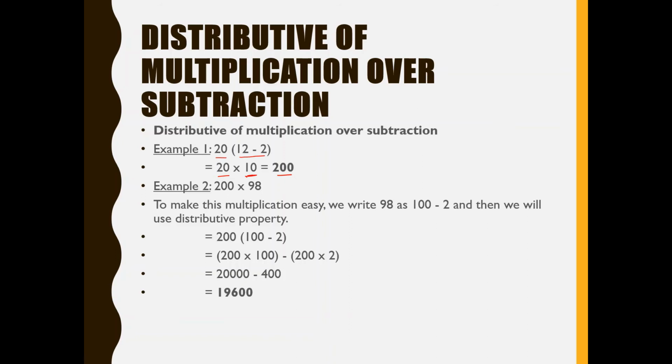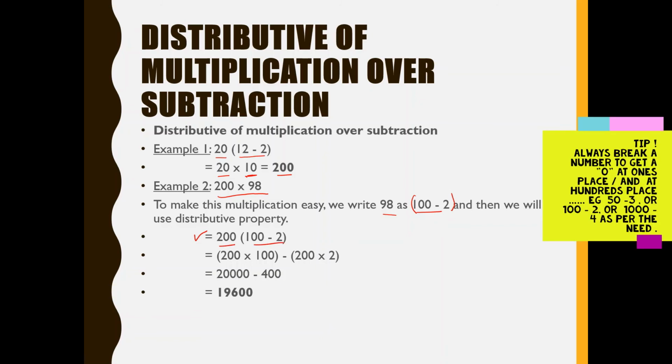Now the question is, you have to multiply 200 by 98. So what will I do? I will make it easy. I can break 98 as 100 minus 2 and make a group there, and then solve my question like I've solved over here. So it will be 200, and instead of 98, I write 100 minus 2.